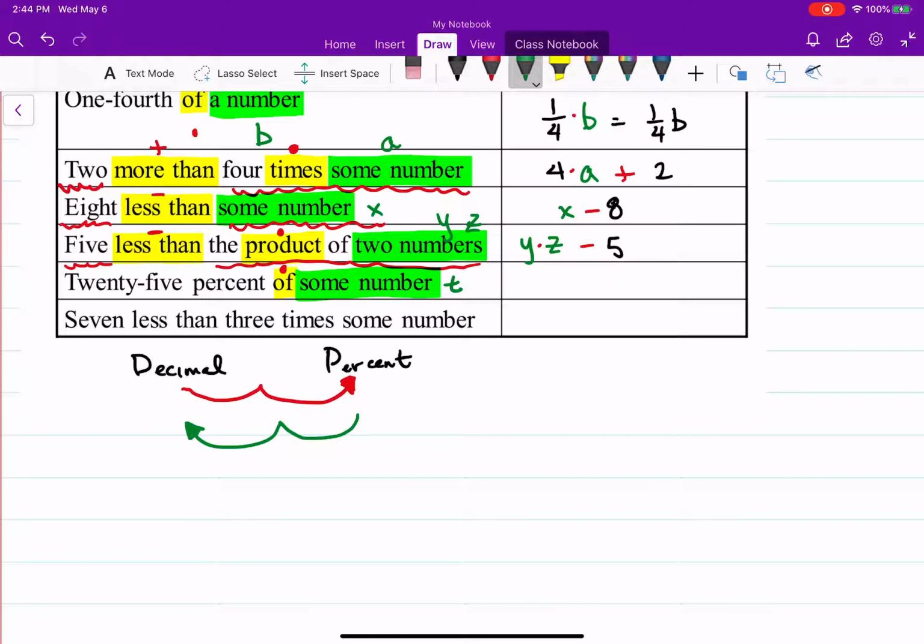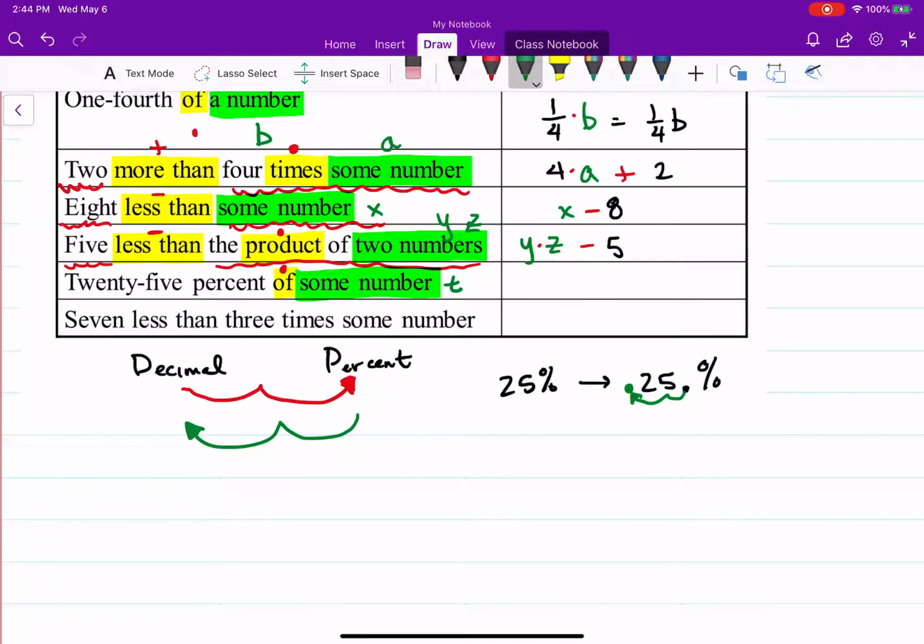So 25%, let me do this. If I have 25%, what this means is that I have 25 period. Since I'm changing it from a percent to a decimal, I move the decimal place 2 positions to the left.